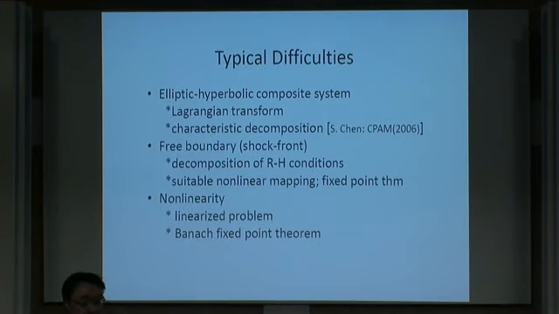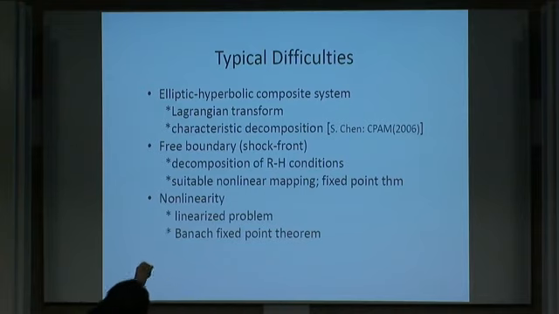We first list the typical difficulties in the studies of transonic shocks for the Euler equations. The most difficult one is not the free boundary, but the Euler system for steady subsonic flow. It is elliptic and hyperbolic composite. I will explain the definition later. The method to deal with this was introduced by Professor Shu Xingchen.